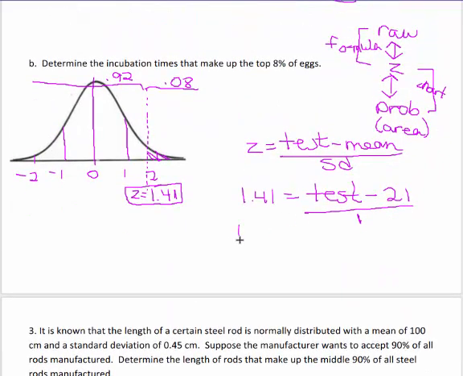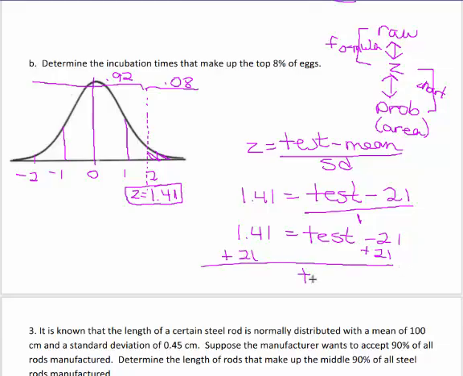So this is going to be 1.41 equals test minus 21, and after we cross multiply, just add 21. And so our test is going to be 22.41.